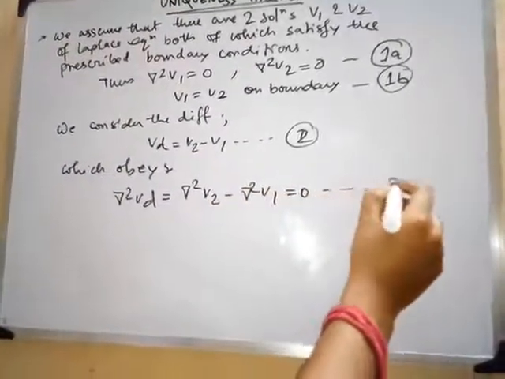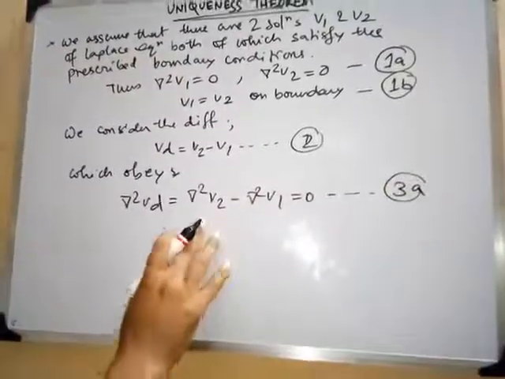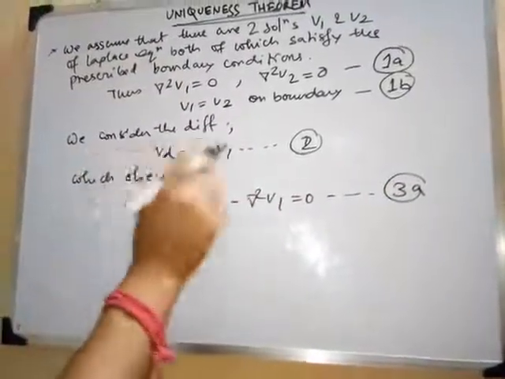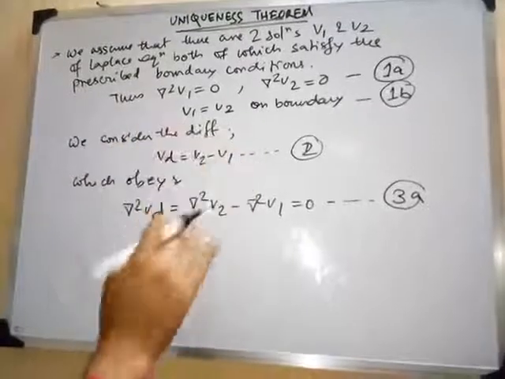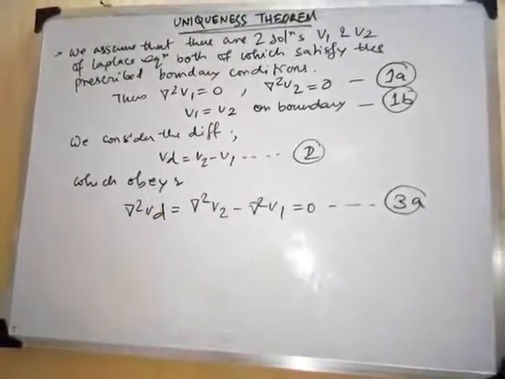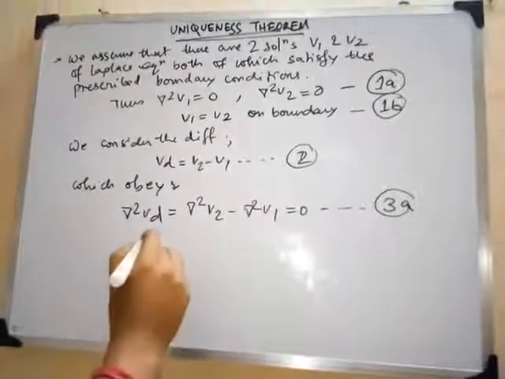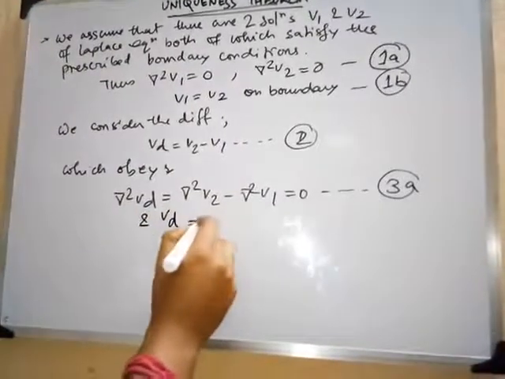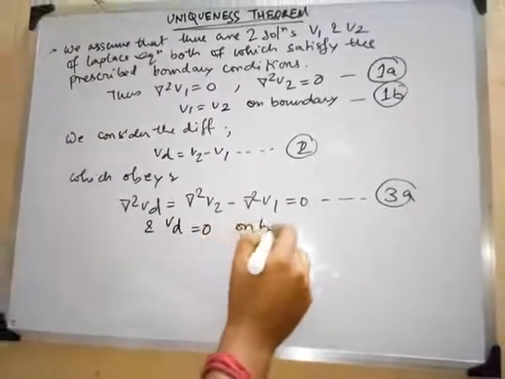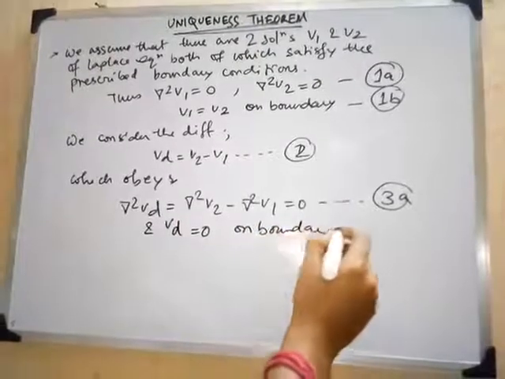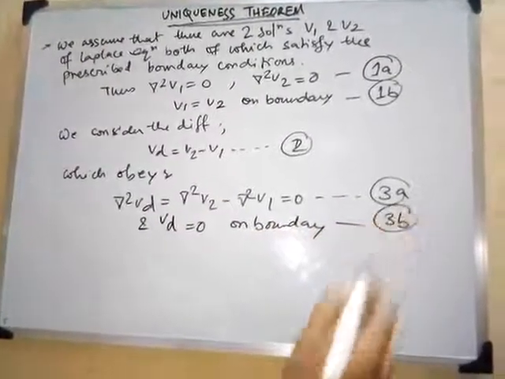Let us take this as equation number 3a. What I have done here is just take the del square on both left hand side and right hand side. And Vd is equal to 0 on the boundary, so let us take that as equation 3b.